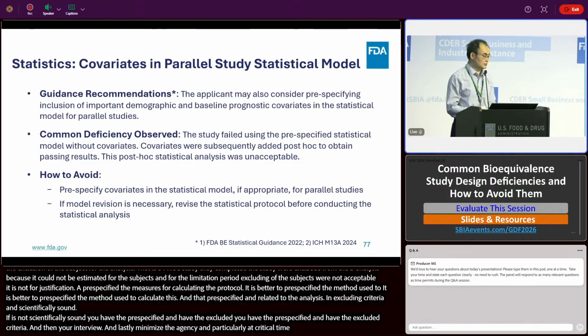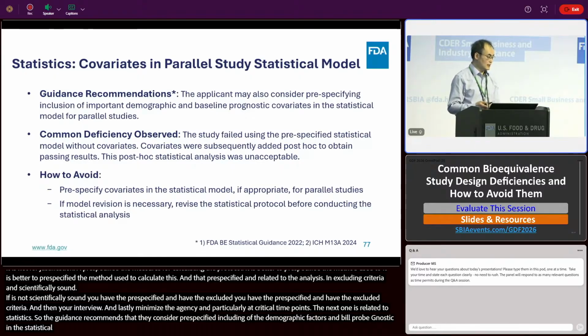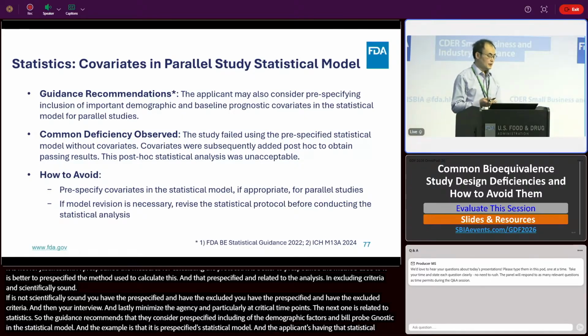Next one is related to statistics, covariates in the parallel study statistical model. The guidance recommends the applicant may consider pre-specified inclusion of important demographic factors and baseline prognostic covariates in the statistical model for parallel study designs. One case example is that the study failed using the pre-specified statistical model without covariates, and then the applicant added covariates to their statistical model post-hoc to obtain a passing result.